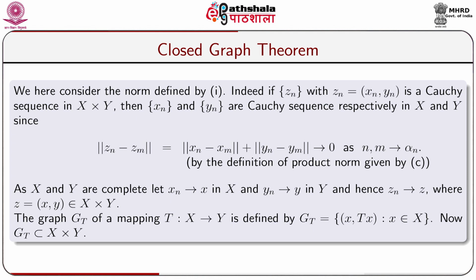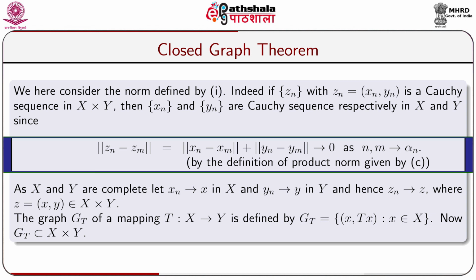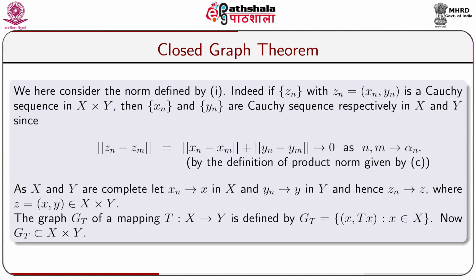Indeed, if Zn, with Zn equal to the pair (xn, yn), is a Cauchy sequence in X cross Y, then the sequences xn and yn are Cauchy sequences in X and Y respectively, since norm of Zn minus Zm is less than or equal to norm of xn minus xm plus norm of yn minus ym, which follows by norm axiom 3, and which goes to 0 as n, m tend to infinity.